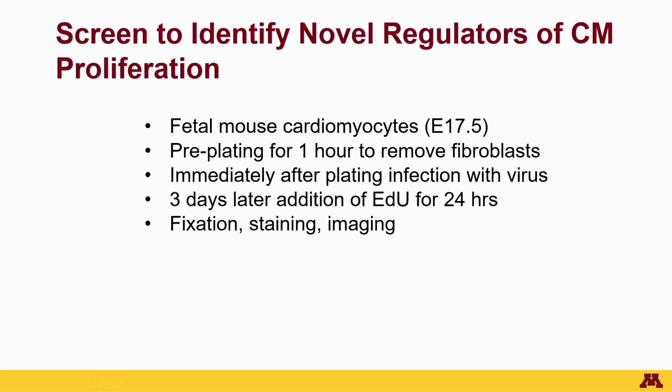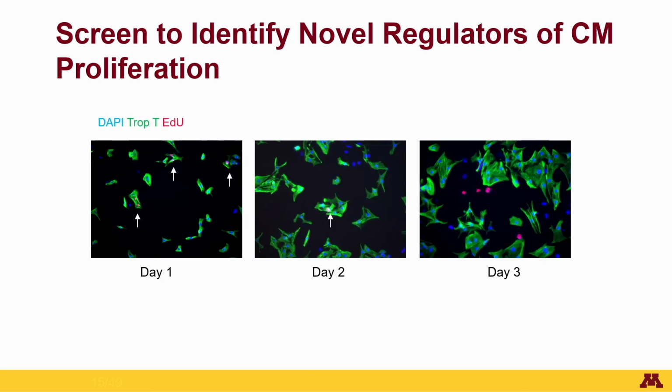We pre-plated these cardiomyocytes for 1 hour to remove most of the fibroblasts, and then infected them with a lentivirus that expresses a short hairpin RNA. And then 3 days later, we added EdU for 24 hours to measure S-phase in cardiomyocytes.